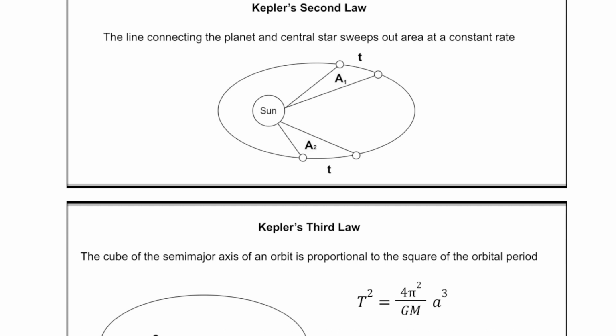This is also known as the equal areas and equal times rule, which says that if the times of two segments are equal, that means that the areas swept out in those segments are also equal. So as a consequence, a planet's speed is going to change as it orbits.